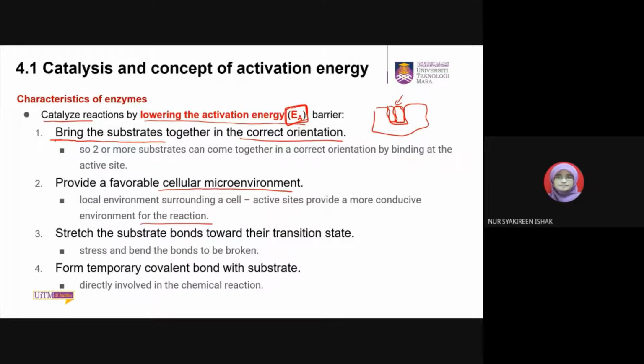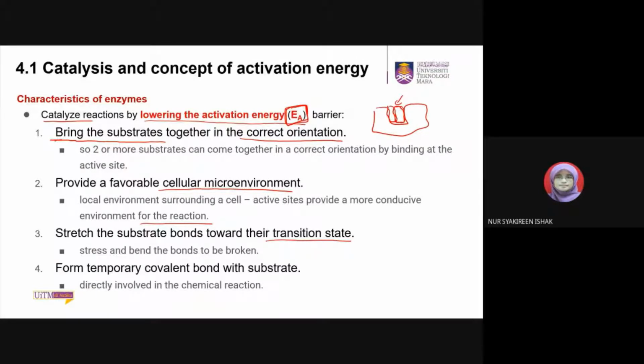Like we saw earlier, the presence of a cofactor. An enzyme that has a cofactor in its structure, it helps the enzyme to assist the reaction. So this cofactor can make the environment more suitable for the reaction to occur. Okay. So number 3, stretch the substrate bonds towards their transition state.